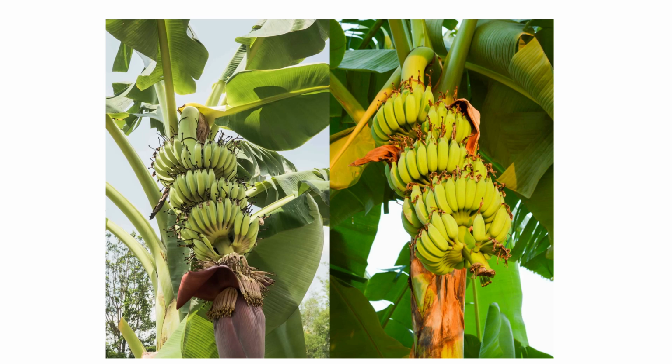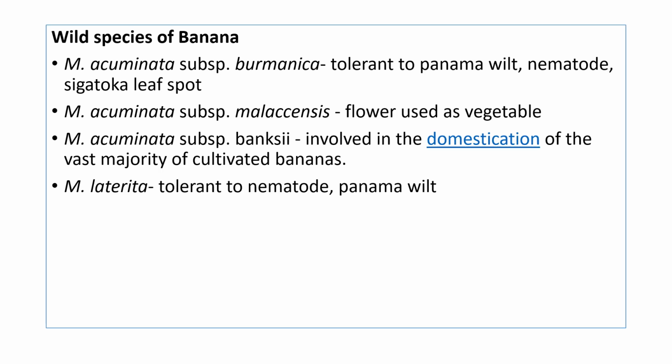And the male bud will be at the distal end. It will be removed after all the fruits have been developed, so that the size of the fruits can be improved. This practice of removing the male bud is termed as disbudding.